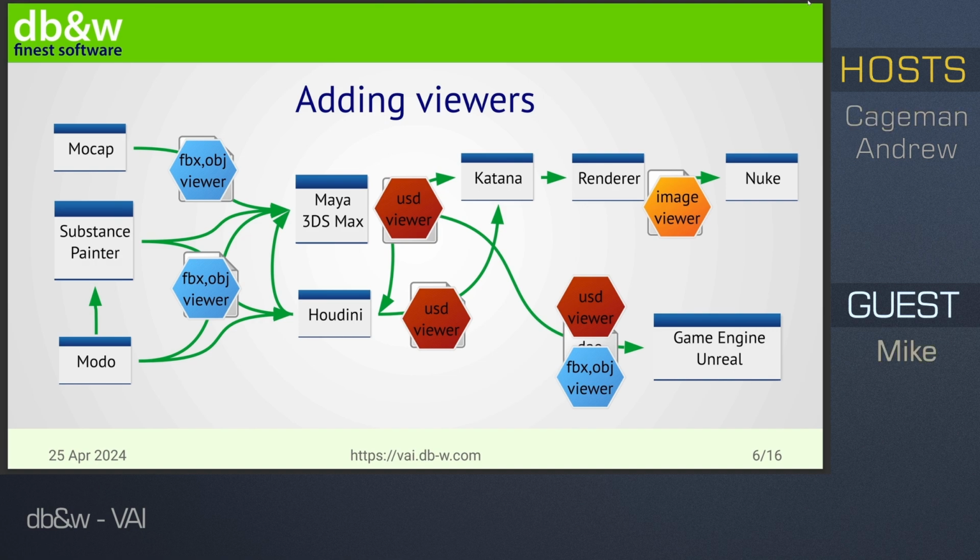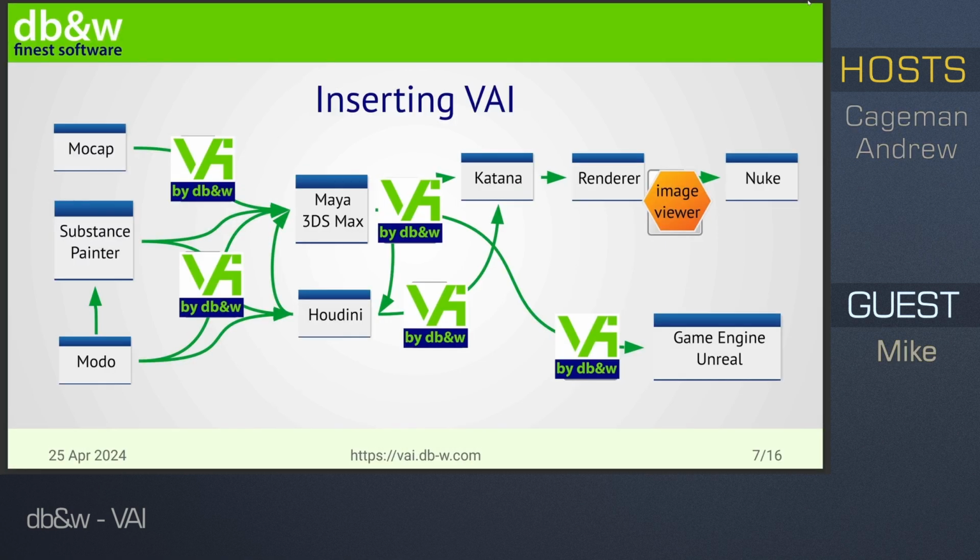For USD, you have to use the USD viewer, either the one by NVIDIA or the one by Pixar. For an FBX, you have either the Microsoft 3D viewer or the one by Autodesk, maybe a third-party one as well. For an OBJ, there's a third-party viewer. Alembic has its own viewer. Of course, for images, you need yet another viewer, but there's nothing that allows you to view all the different formats at the same time.